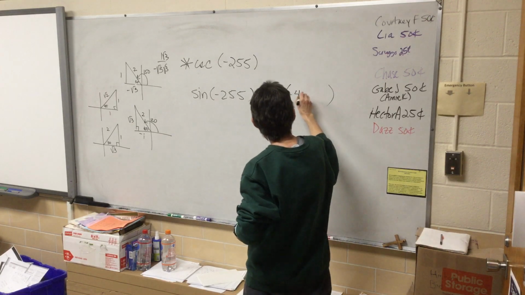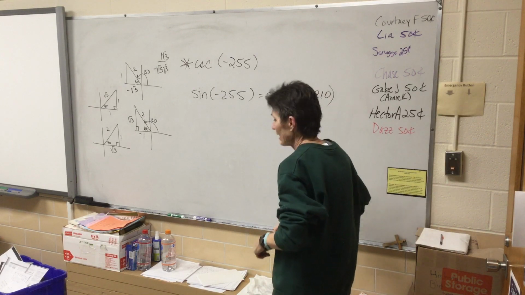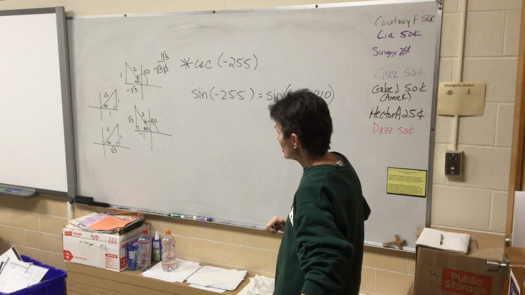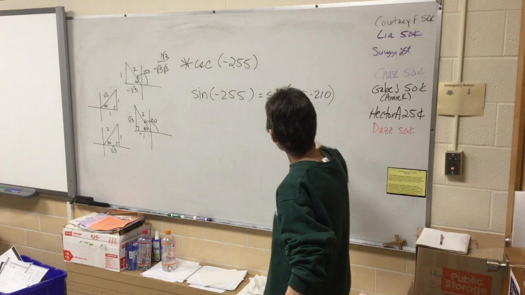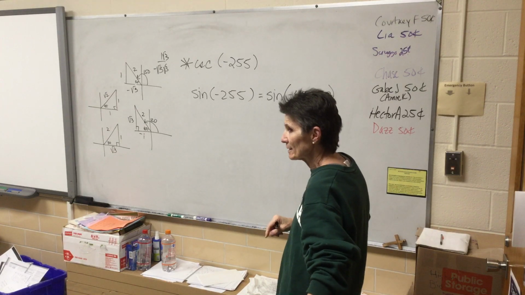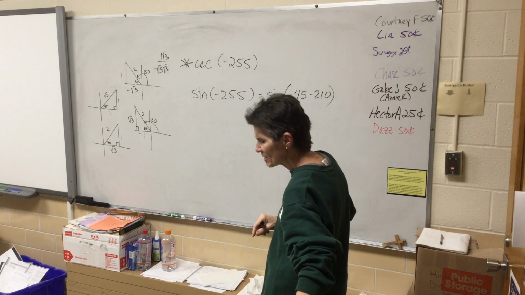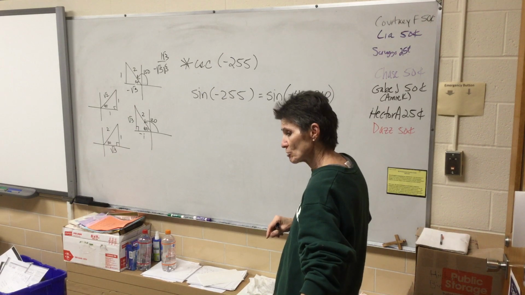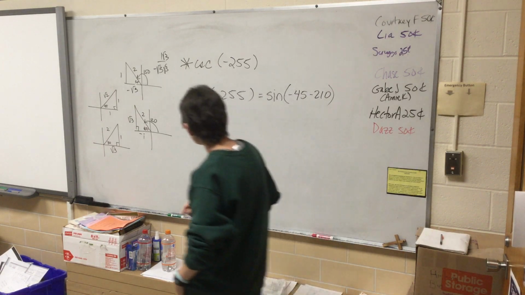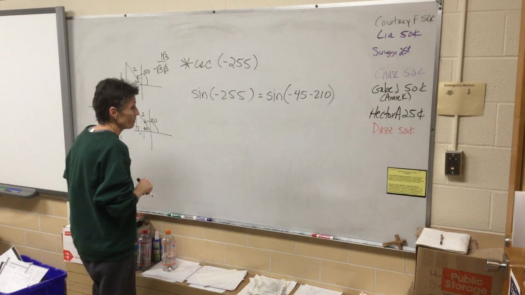That sounds like a winner to me. That'll do it. Remember, you can use negative angles as long as they are special. We don't want to be using negative 62 or something like that. But as long as they're special, you can use positives and negatives. Doesn't matter. So here's my formula.